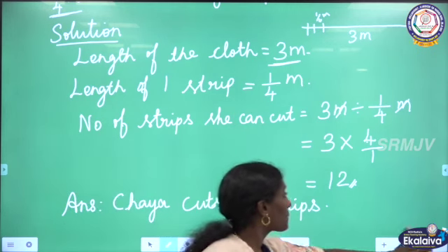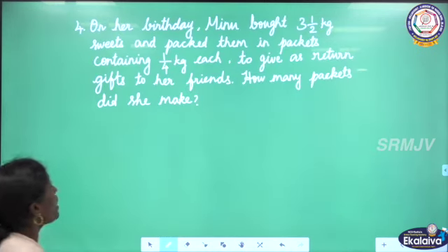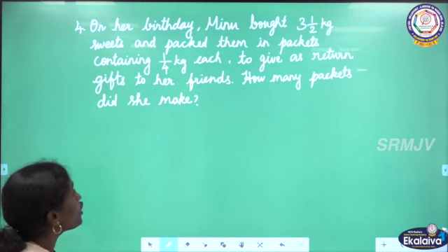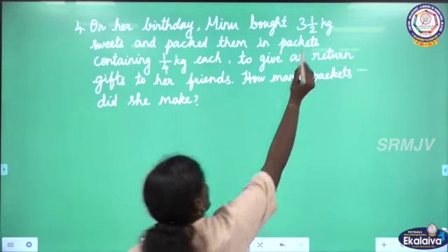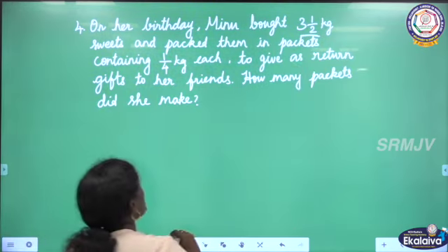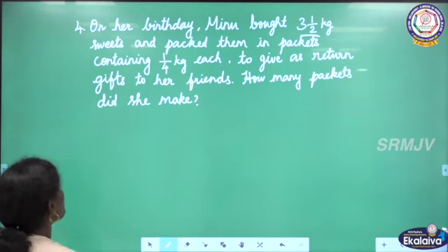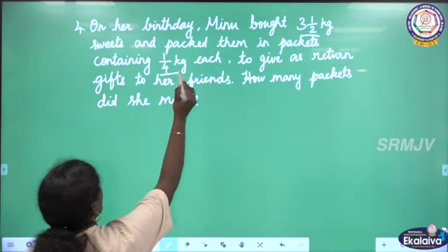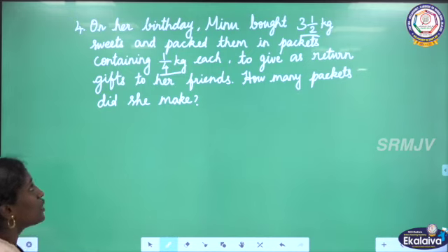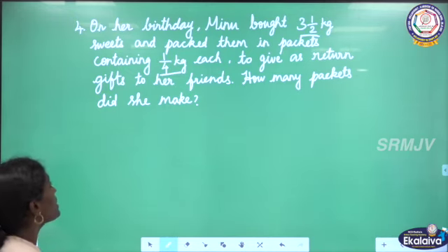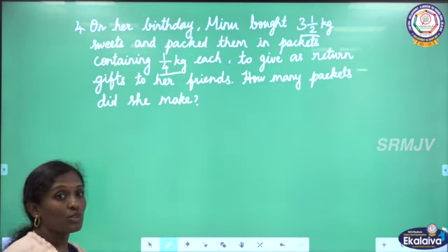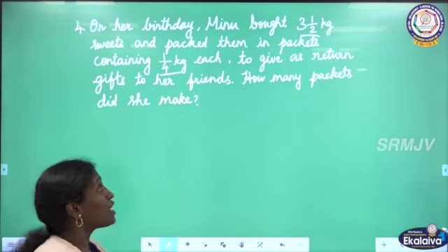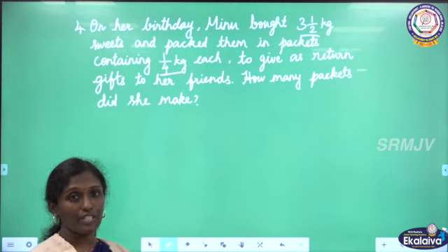Okay. The next question. On her birthday, Meenu bought 3 1 by 2 kg sweets and packed them into packets containing 1 by 4 kg each, to give as return gifts to her friends. How many packets did she make? Totally, she bought 3 1 by 2 kg sweets.